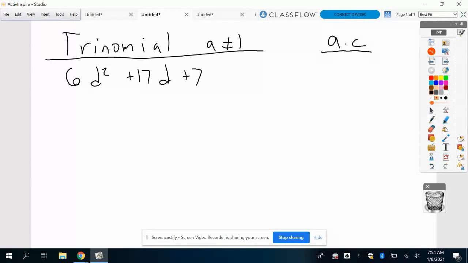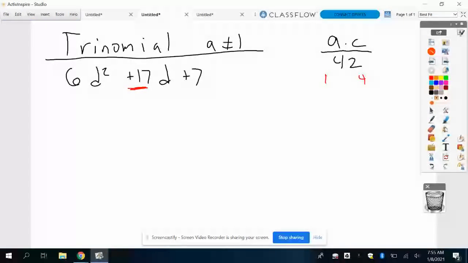Our a times c is 6 times 7, which is 42. Then we want to get the factors of 42 that add up to 17. We need factors of 42 that give us a positive 17, so our factors are all going to be positive.